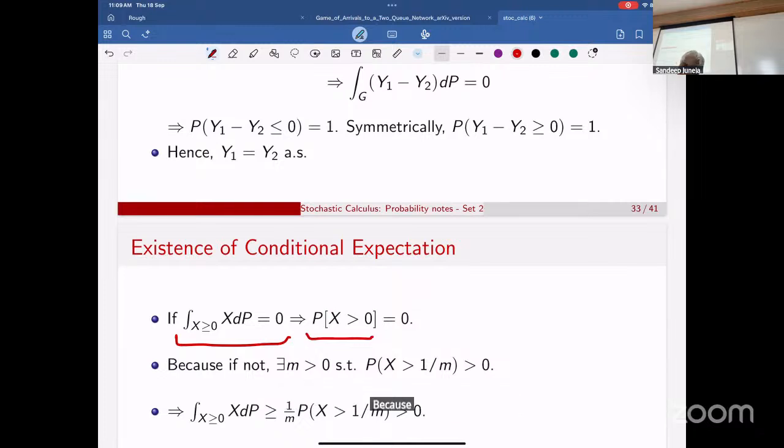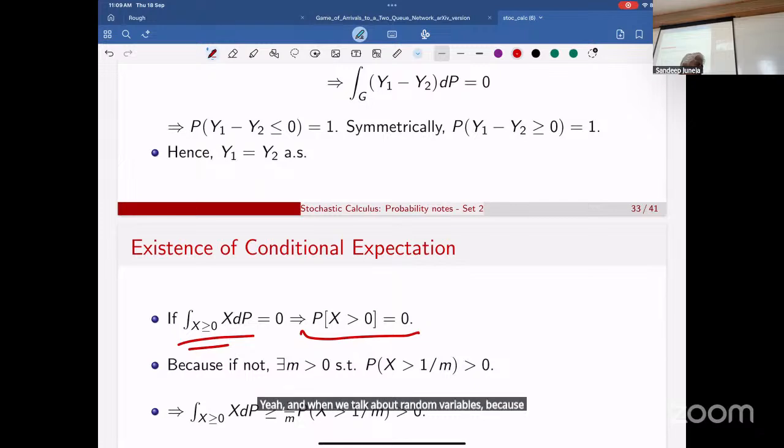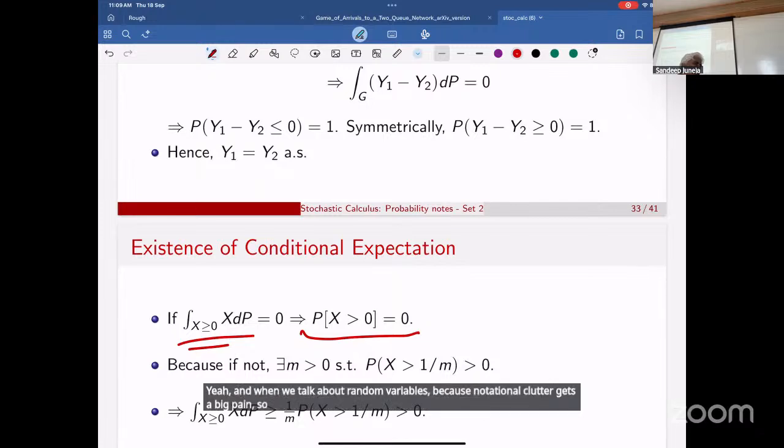Let me clarify something notation-wise. When you say integral over x greater than or equal to 0, you're integrating over the set of all the omegas such that x of omega is greater than or equal to 0. When we talk about random variables, because notational clutter gets to be a pain, we hide omega. It should be understood.